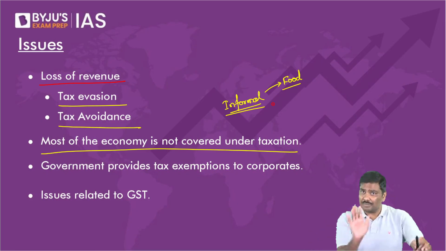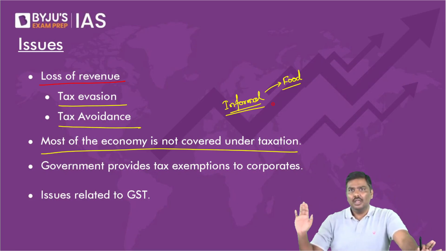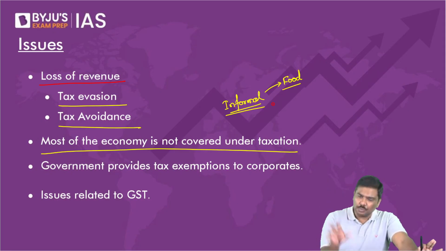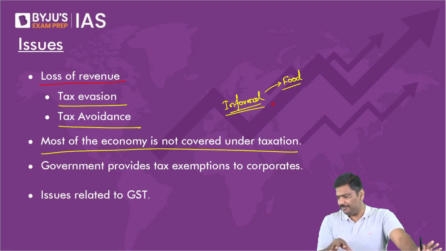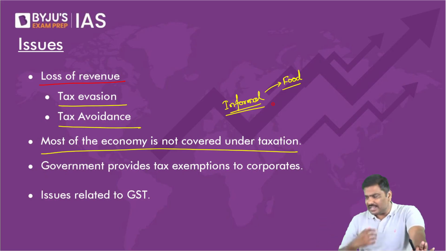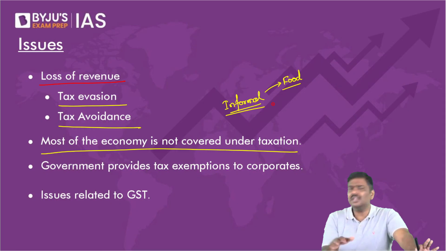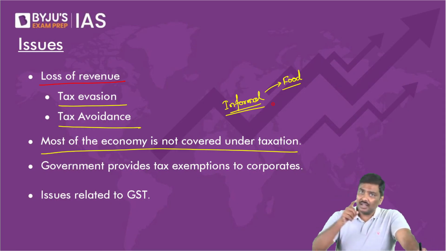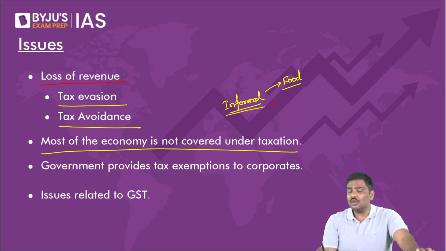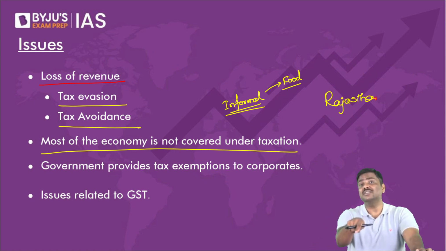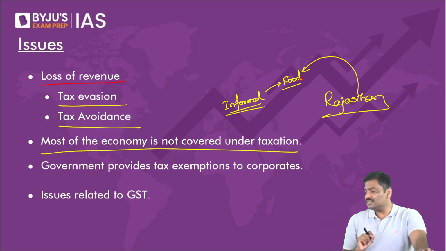But having said so, please understand my next point also. Is Government of India, or even the state governments, doing anything to provide protection to all of these people? Of course, yes. For example, have you read that article I asked you to read regarding Rajasthan government's new bill, where they want to provide social security benefits to these kind of informal workers?